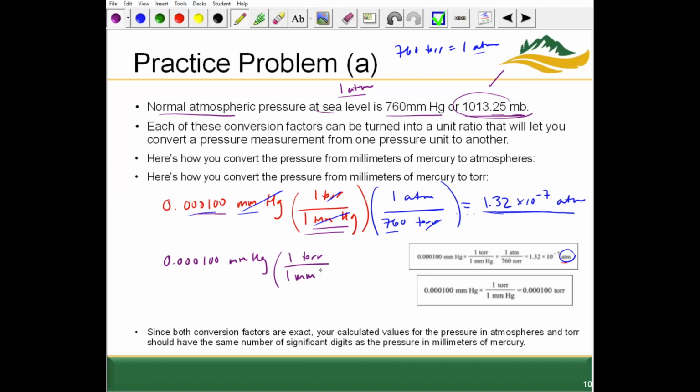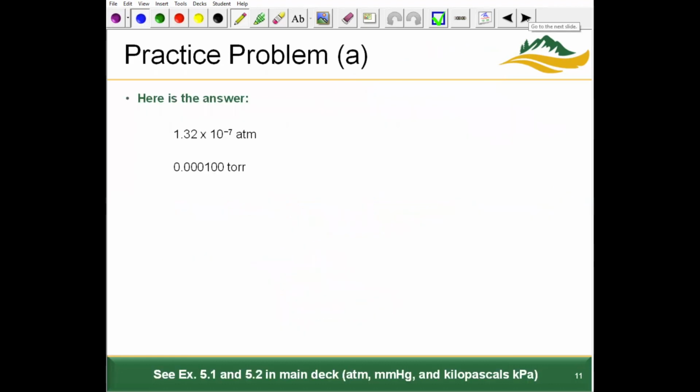So we need to put millimeters of mercury in the denominator here. This cancels out, and then we just have torr in the numerator. That's equal to this same number here, right? So 1, 2, 3 zeros here, 100. Those are our 3 sig figs. Then we figured out this is in units of torr. Here's our final answer for this practice problem.